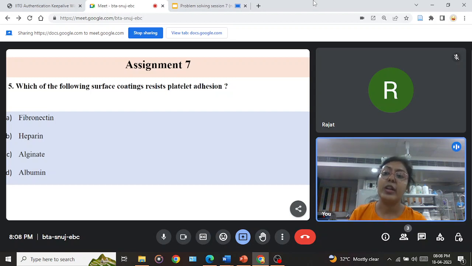Where do we use fibronectin coatings or collagen coatings? And where do we use heparin coating, alginate and albumin? Can you answer? If not, we'll see one by one.